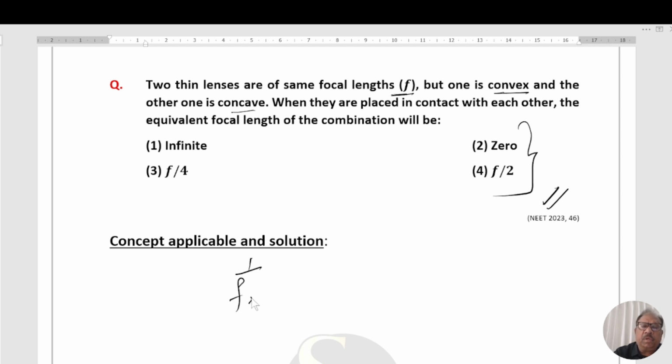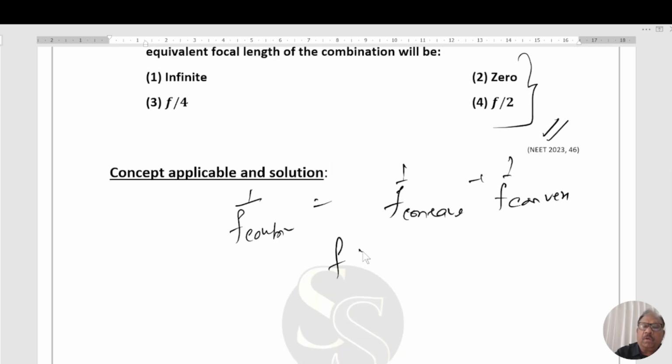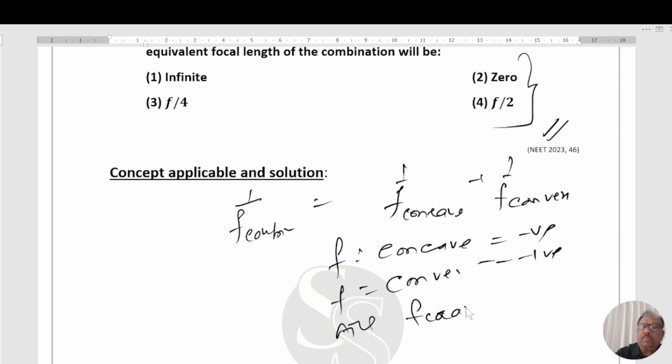1 over F combination will be equal to 1 over F concave plus 1 over F convex. Now, F concave is negative, F convex is positive. And according to the question, F concave equal to F convex.